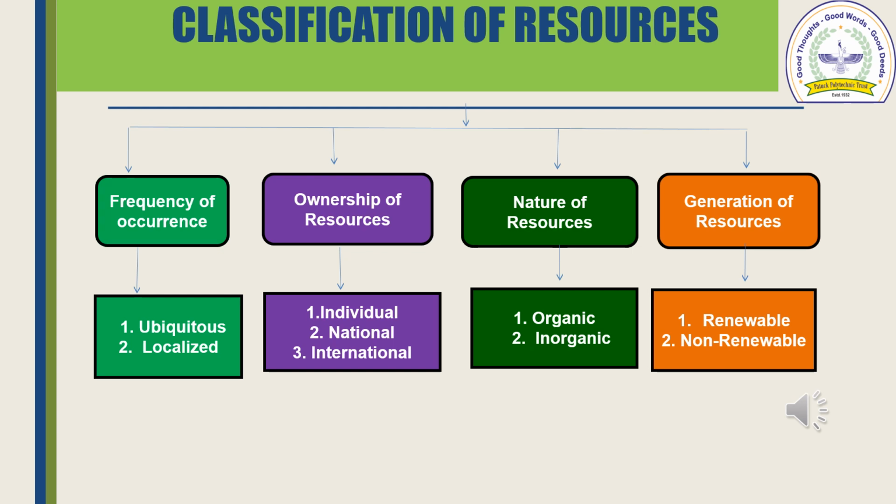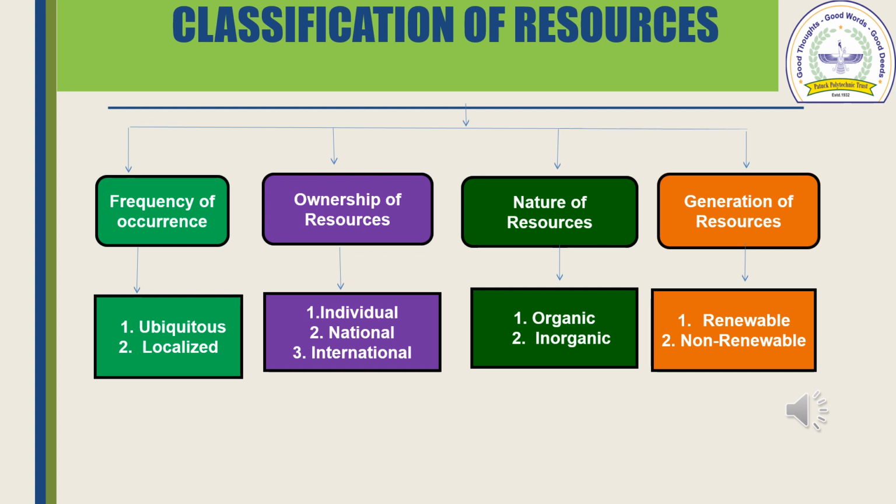For example, rivers, minerals, forest, etc. Next is international resources. All material and non-material things in the world are called international resources. For example, atmosphere, sunlight, oceans, etc.